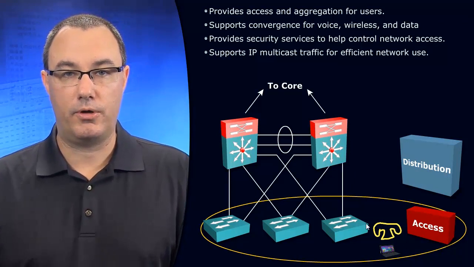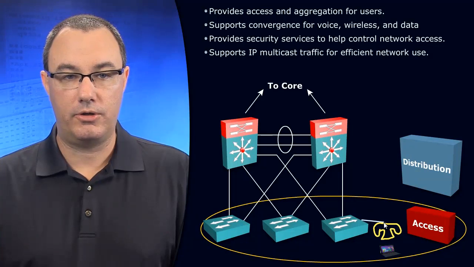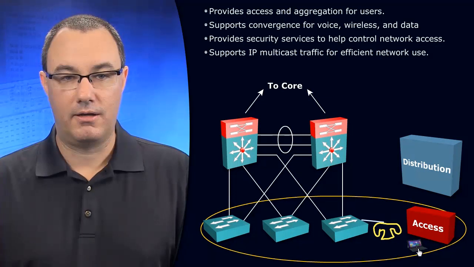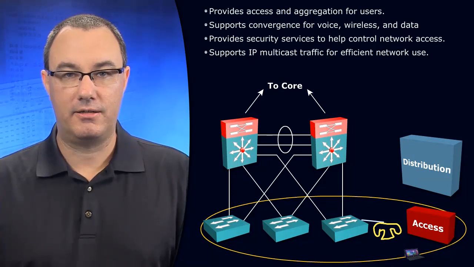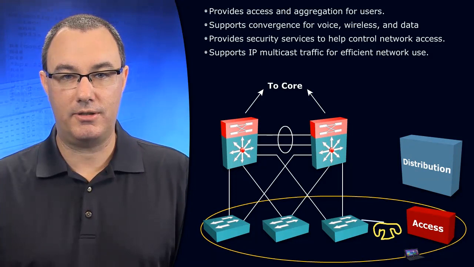The way that this would work is I'd have a link going to the phone, and then the PC, it's a nice PC, but maybe it's just a desktop, which will show up a little bit better with my colors right now.